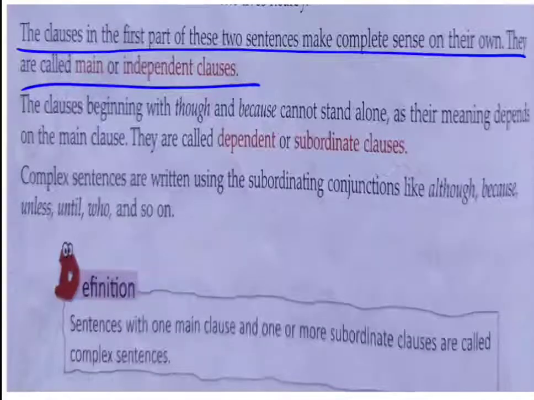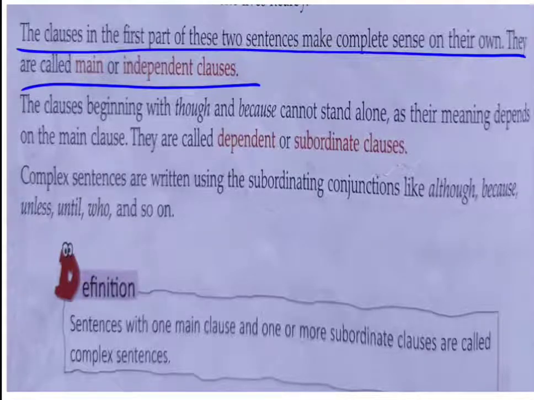So students, here is the main clause. What is a main clause? It gives complete sense by itself. It doesn't depend on another. It's independent. That's why it's known as an independent clause, or you can say the main clause. Now look at another clause.